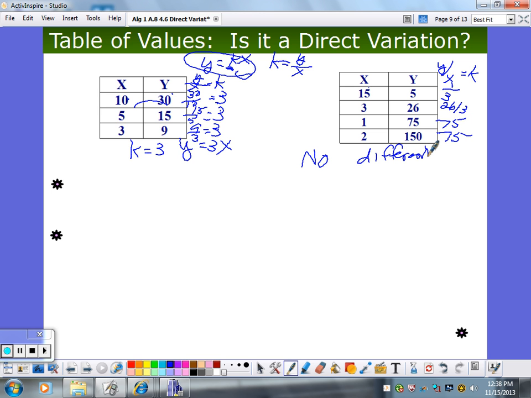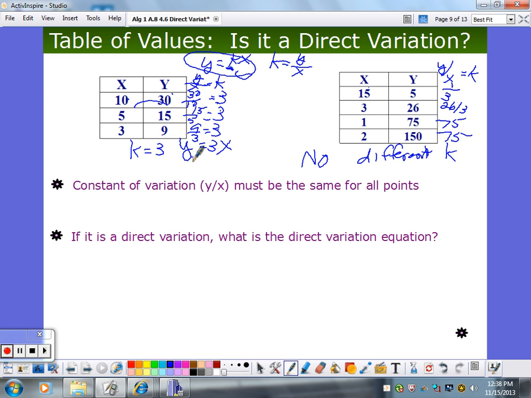Right? You have to have the same constant of variation for every point. So that one is not. What's over here? Y over x has to be the same for every point. And so, yeah, you find the direct variation. Once you find k, you plug that k into y equals kx.